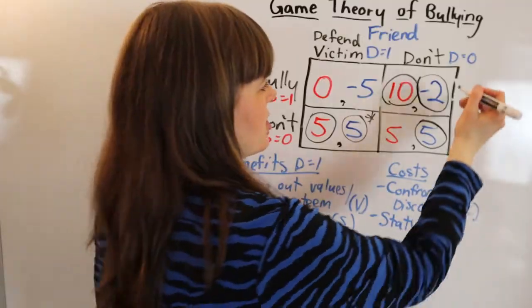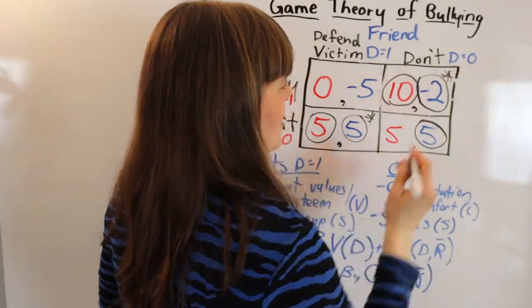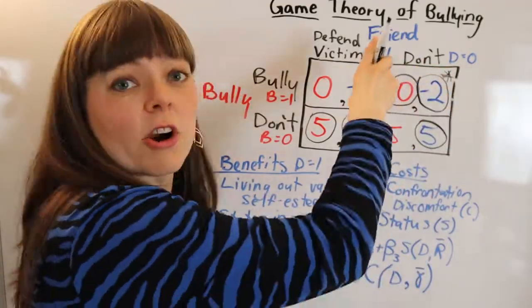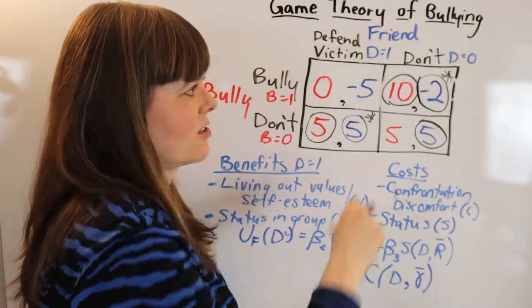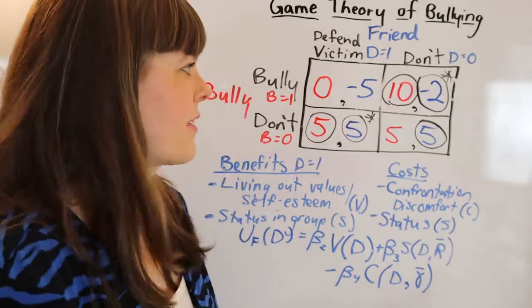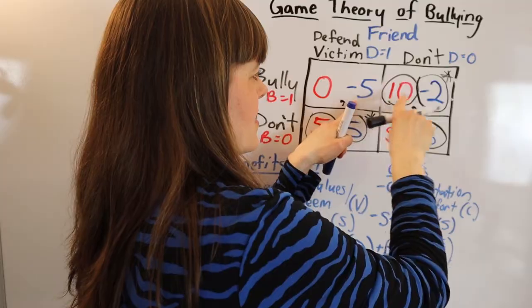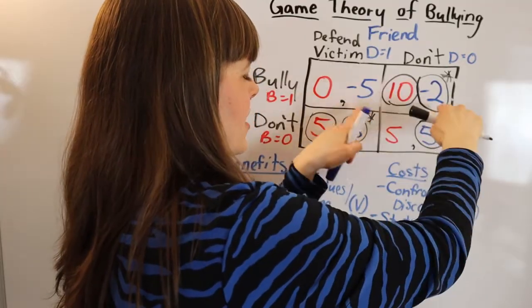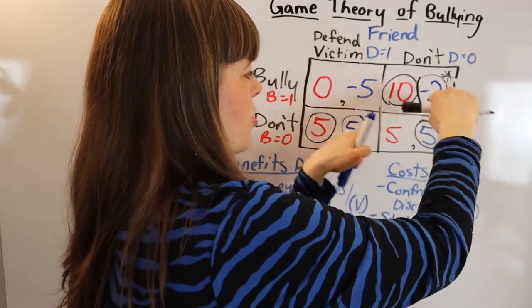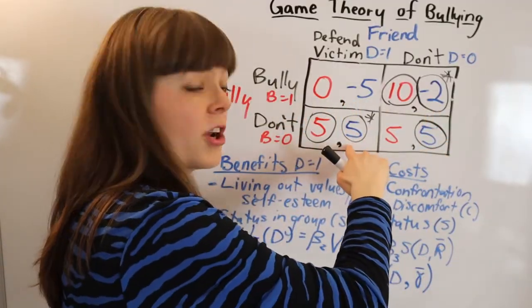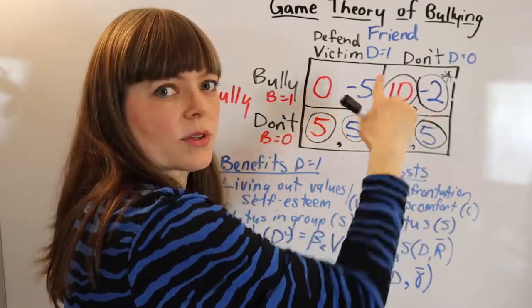One of them is the Nash equilibrium that we don't like, which is where the bully bullies and nobody in the group defends, or where each member of the group is making the decision not to defend the victim. So now we've identified the key piece of the puzzle here, which is that the relative utility of these two payoffs is going to determine whether we end up in a good equilibrium or a bad equilibrium.